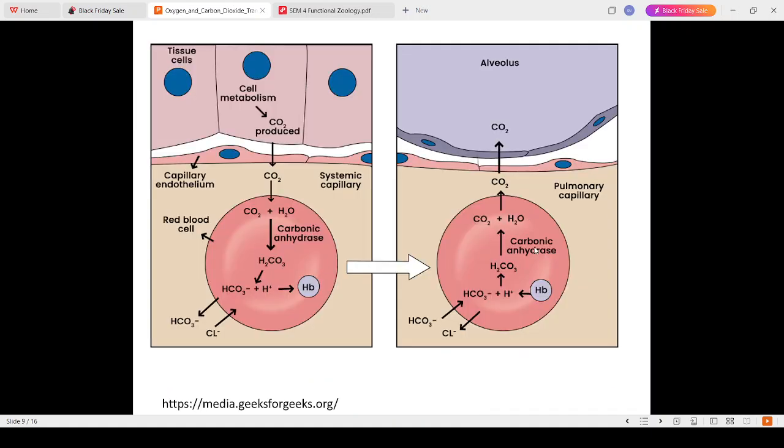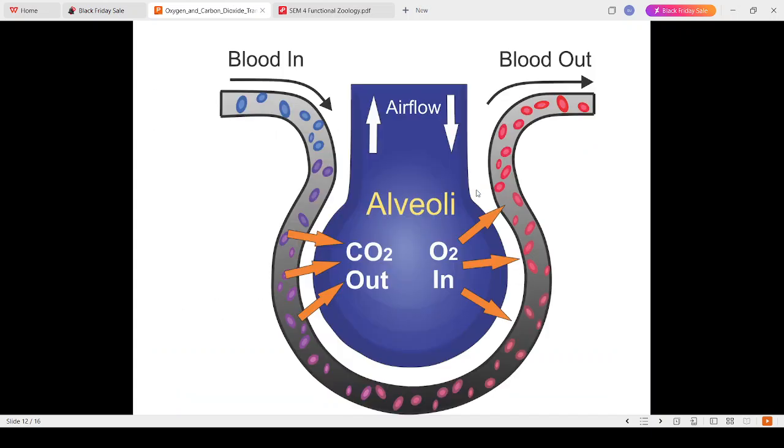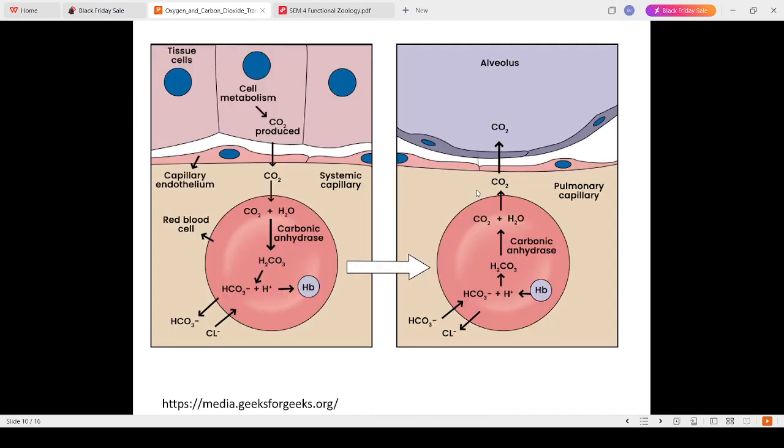It will be carried in the form of bicarbonate ions, and once reaching the alveoli, these bicarbonate ions will be splitting into carbon dioxide as well as water. The carbon dioxide will be moving out into the expired air, whereas water will be used again by our body.